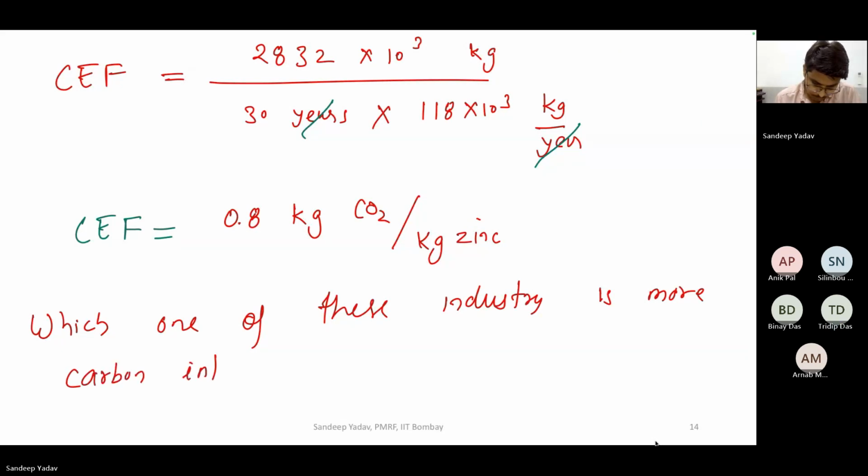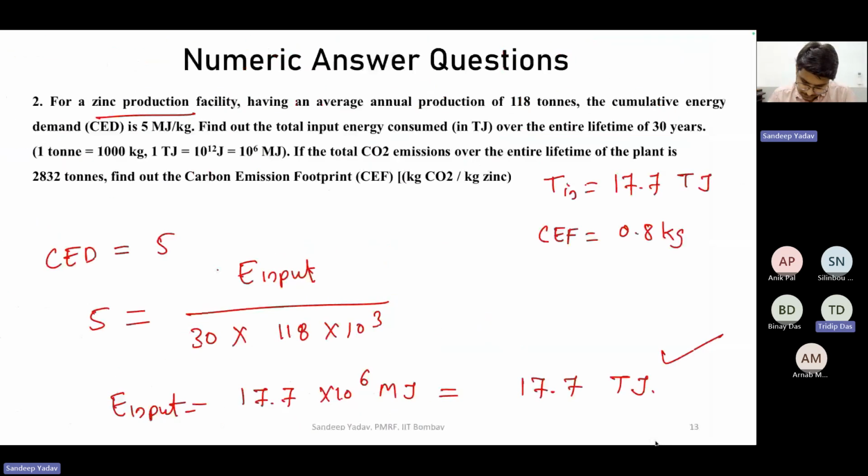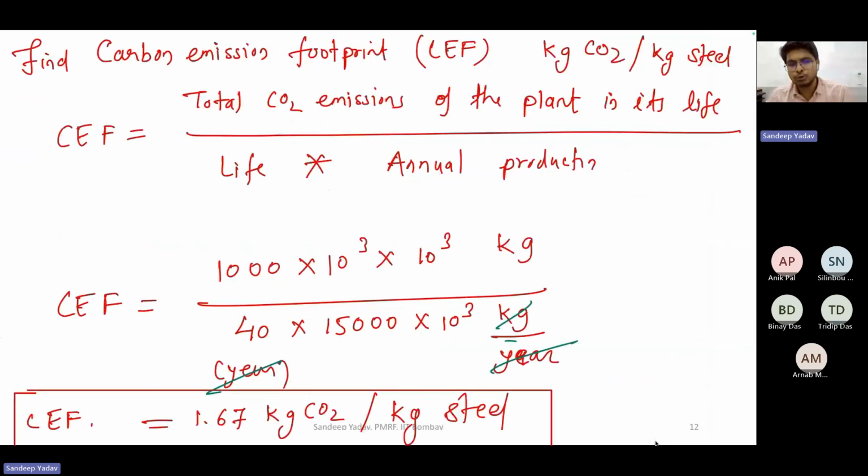Steel, correct. Because we have physically seen it's around 2 times more carbon intensive than zinc production. That means steel is a process that takes more power to generate per kg of steel than zinc, although zinc is costlier than steel.